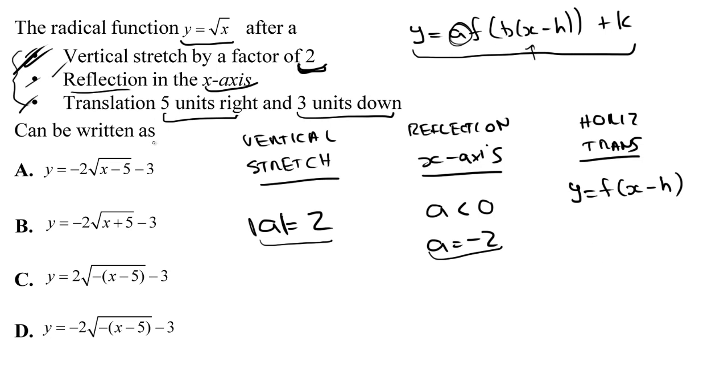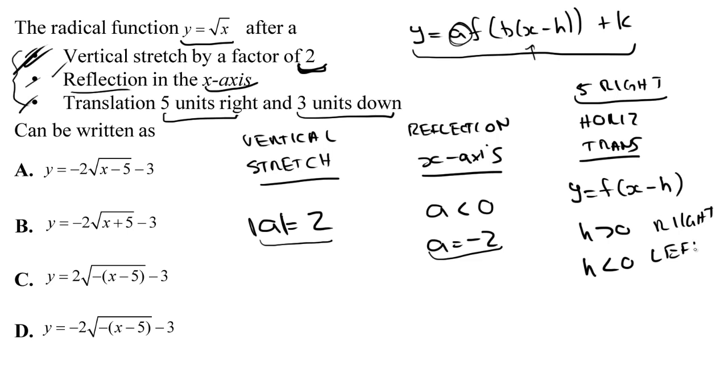In our case, we want to go 5 units to the right. If you remember, we said if h is greater than 0, it's going to be a shift to the right, and if h is less than 0, it's going to be a shift to the left. We want to go 5 units to the right, so we want h to be greater than 0. So we want h to be equal to 5, so that we go 5 to the right. It's just that easy.